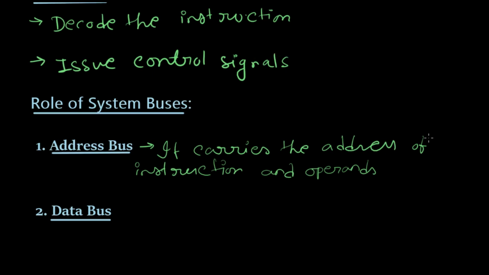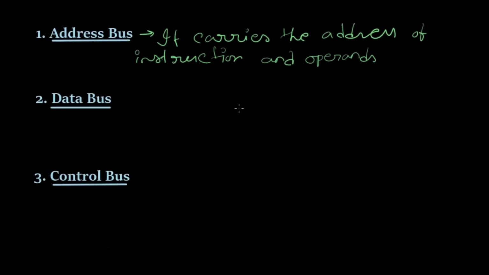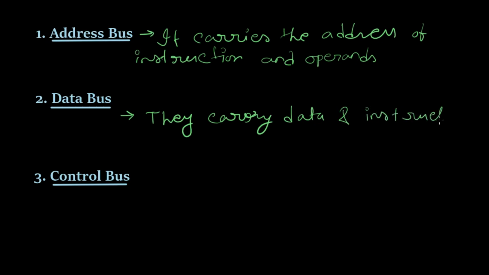Now let's talk about the data bus. What does the data bus do? They carry data and instructions, both. So the data bus is capable of carrying data and instructions. And let me tell you, the address bus is unidirectional. What is meant by unidirectional? That it can carry data in only one direction.